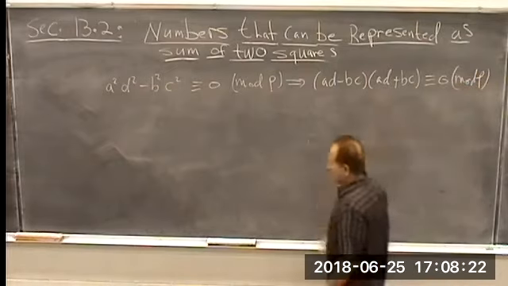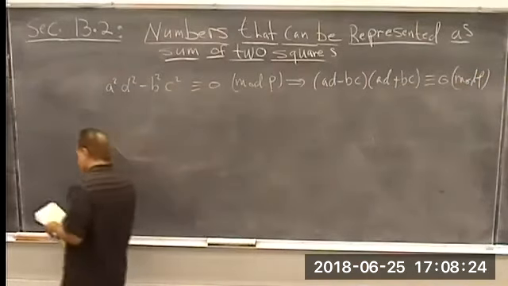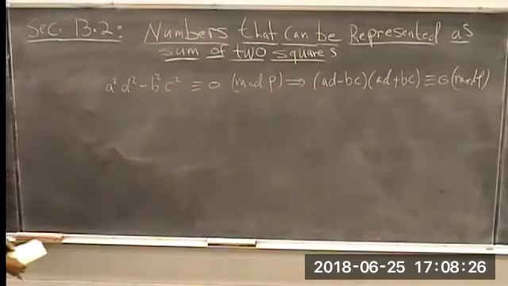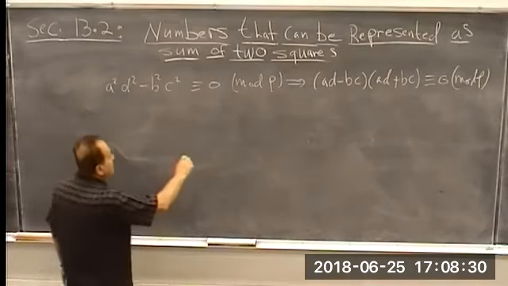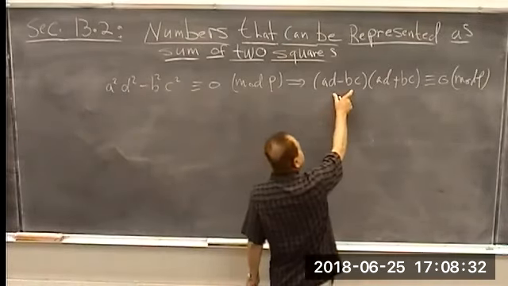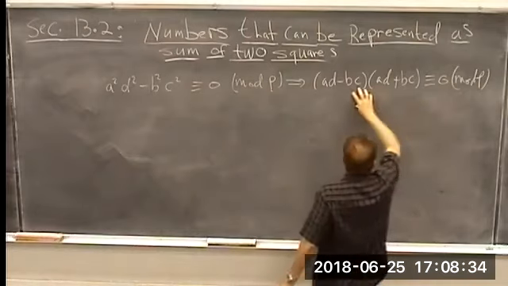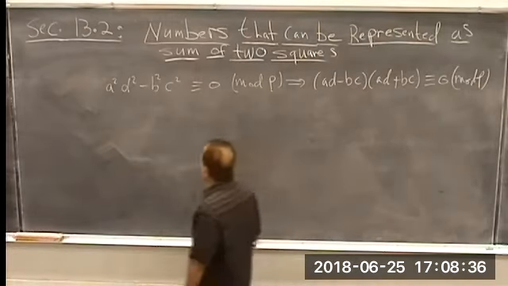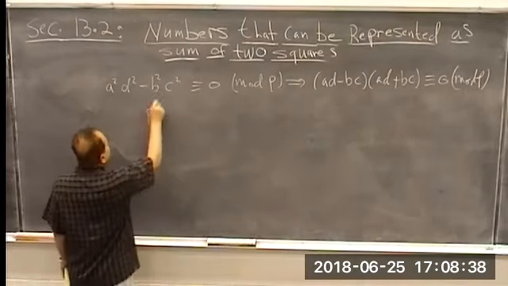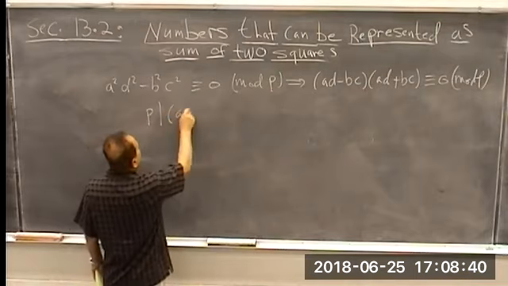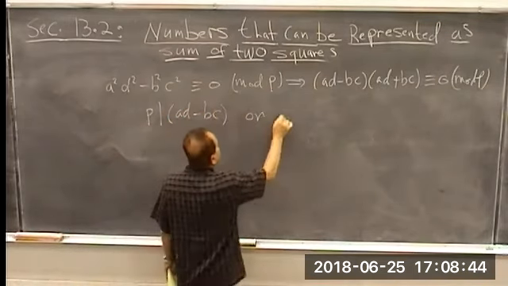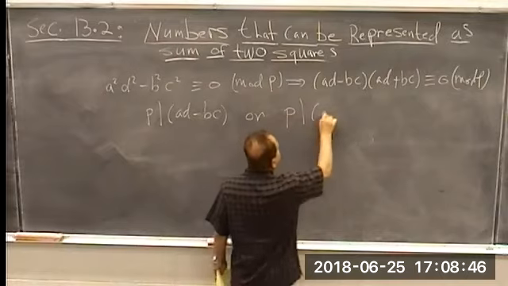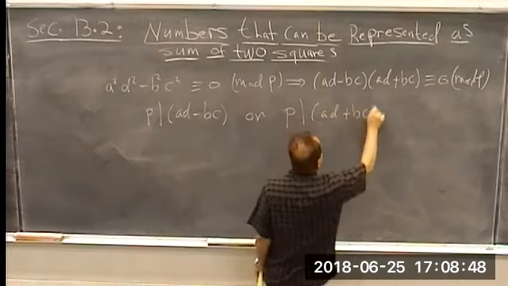Difference of two squares, so we do this. And each one of these implies the following. P is going to be divisible by one of these factors, being a prime: either P divides AD minus BC, or P divides AD plus BC.